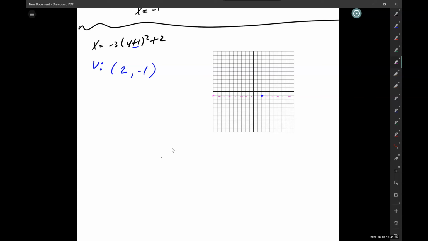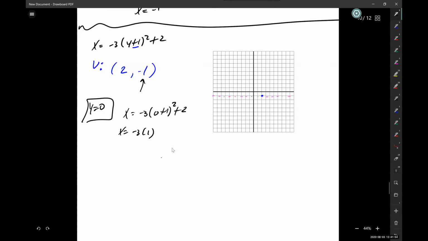So once again, we're looking at the y value to plug in if I'm at negative 1. Want to pick something nearby? 0 would be a good choice here. So that would be -3 times 0 plus 1 squared plus 2. So that's 1 plus 2.